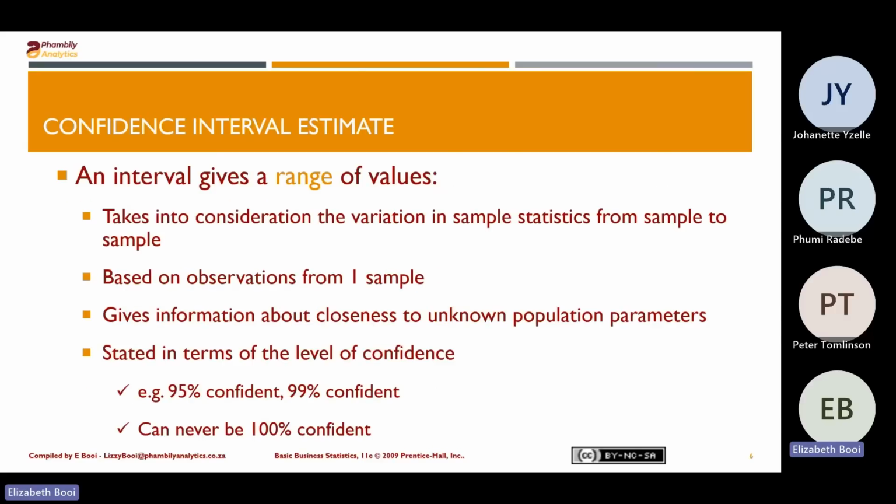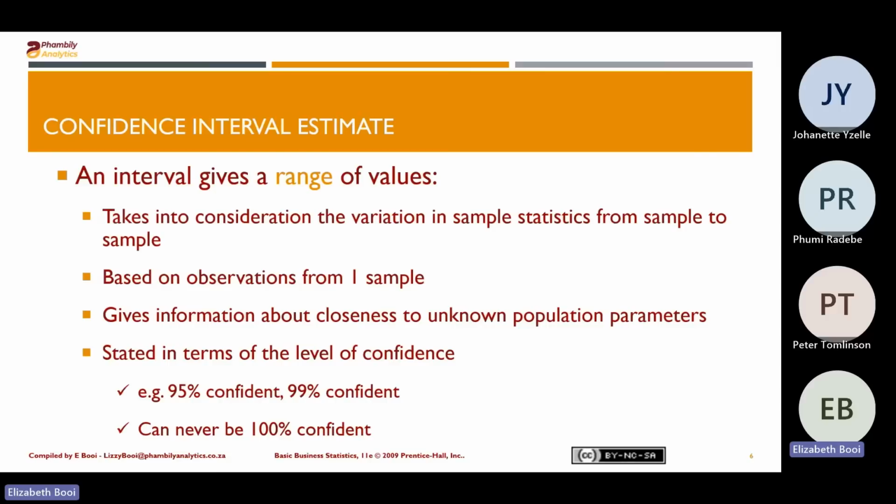Because it gives you a range of values, it takes into consideration the variation in the sample statistics from sample to sample, because each sample you pull might have different point estimates. It is based on only one sample, so it means you need to calculate your confidence interval based on that one sample that you have drawn.